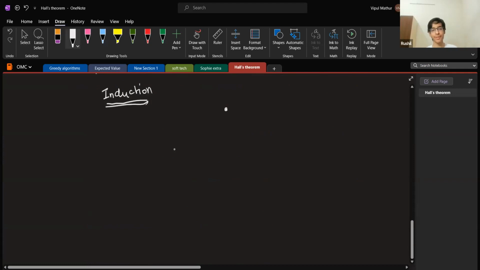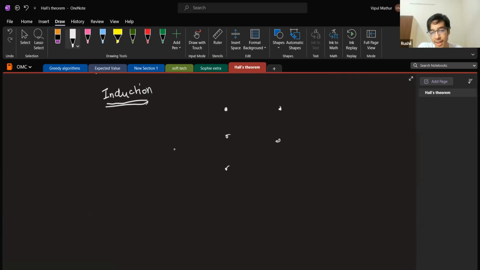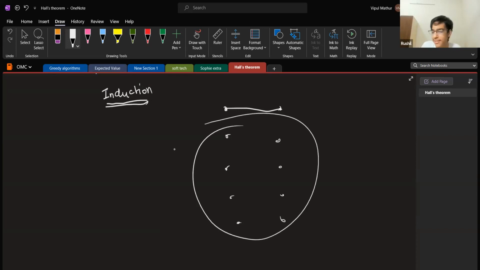So the idea for the proof is this sort of induction. The first idea that you can think of is, you have five people, just pair off the first person with whoever they like. Let's say, without loss of generality, the first person likes this person. And now I just try to solve the remaining.